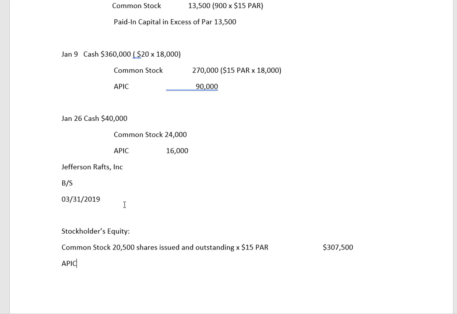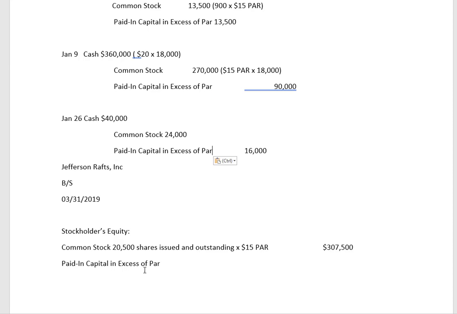Then I'm going to have that additional paid in capital or paid in capital in excess of par. So let me actually call it that. Here, let me fix these so people don't get confused. There we go. For common, this is a common stock. So again, if I add that up from up above, I get 119,500.